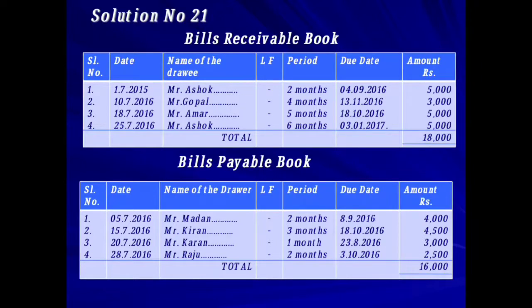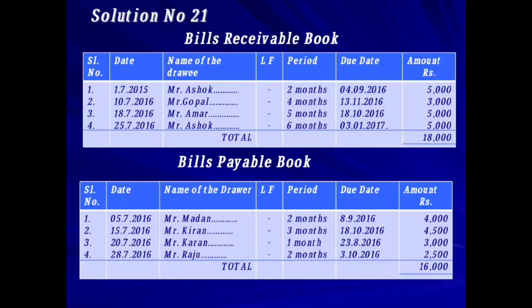If you add 2 months, you will get 28/9/2016. If you add 3 grace days, in the month of September we have only 30 days, so adding 3 grace days gives 29, 30 and 1st of October. So 1/10/2016, and you should write 2500.